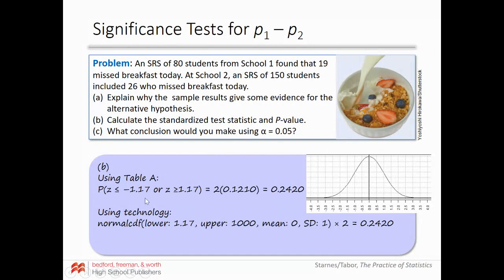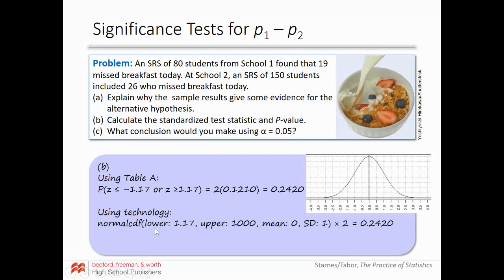So with the table, because remember our table goes from negative infinity up to whatever z-score, I would look at the 1.17 and see that the probability of that occurring is 0.1210. And then you can just double it. Since the normal curve is symmetric, less than up until negative 1.17 is going to be the same as 1.17 to the right. Okay, so you can actually double it.